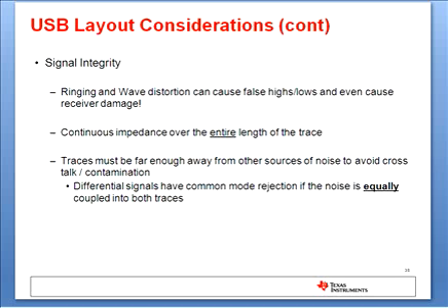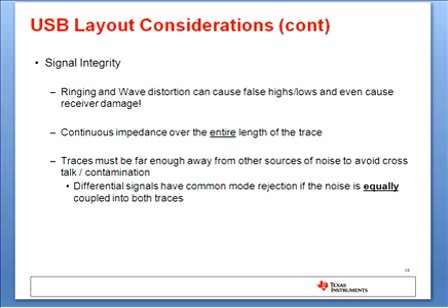Additionally, the D+ and D-, as well as the superspeed transmit and receive differential pairs, must also be far enough away from other sources of noise so we avoid crosstalk or contamination. A common misconception is that differential signaling offers noise immunity, and this is definitely true if noise is equally coupled onto both traces.